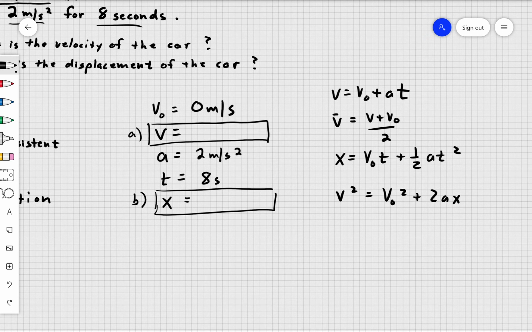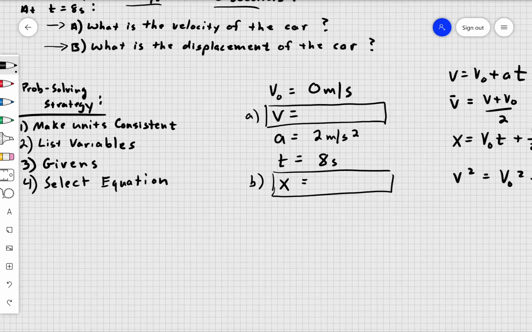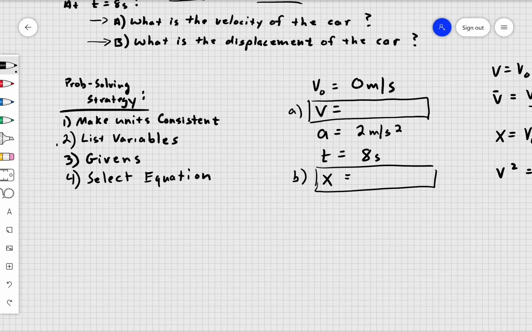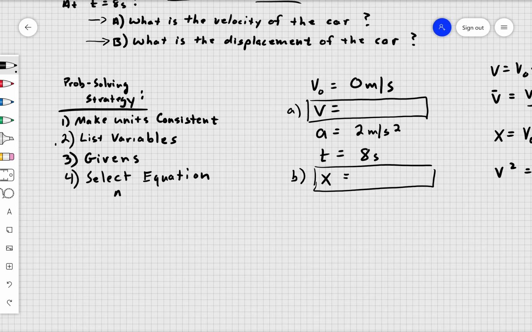So when we select our equation, it's going to be one of these four, and it needs to meet a couple of criteria. The first one is it obviously needs the variable that you are solving for. It's rather difficult to find velocity in an equation that doesn't have velocity as a variable. So it needs the variable you're solving for. And the other variables in the equation need to be known.